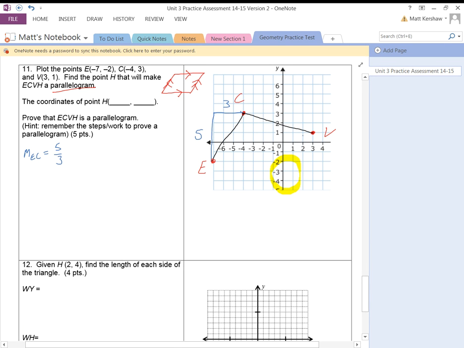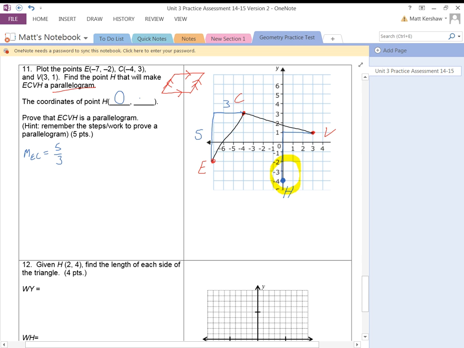So the easiest thing to do is just put your pencil on V and do this triangle backwards. 1, 2, 3. 1, 2, 3, 4, 5. So I think it's right there. So I think that H is going to be at 0, -4.